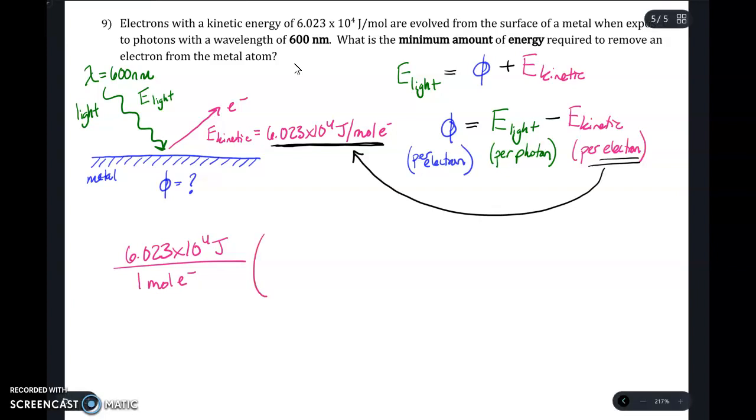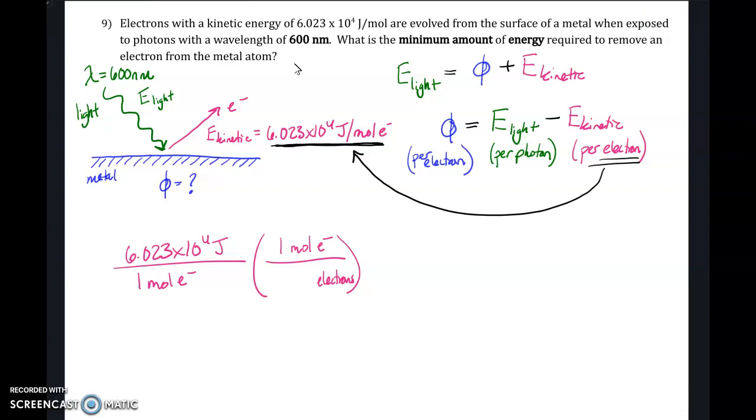And I want to recognize that I really want to get the value per 1 electron. So on the bottom here, I want to have units of electrons. And I want to get rid of the per mole of electrons. So on the top, I want to have 1 mole of electrons so that my moles are going to cancel out.